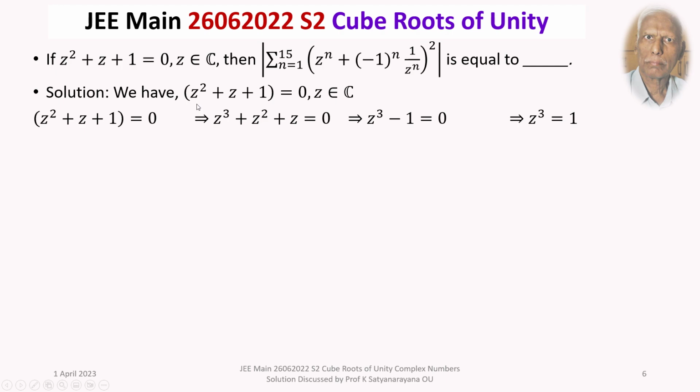So if z square plus z plus 1 is equal to 0, z is a complex number, then z is a complex cube root of unity.